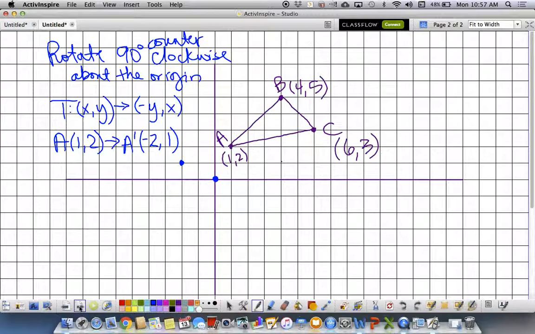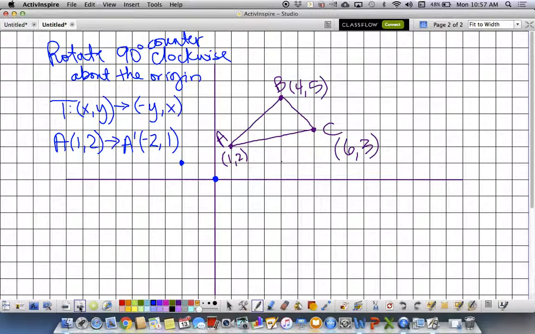Counterclockwise or clockwise 270, either one. Oh, so it doesn't matter. It really doesn't. So you're saying counterclockwise 90 or clockwise 270?